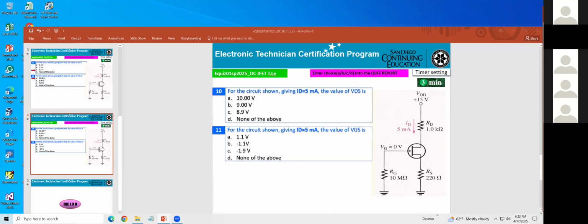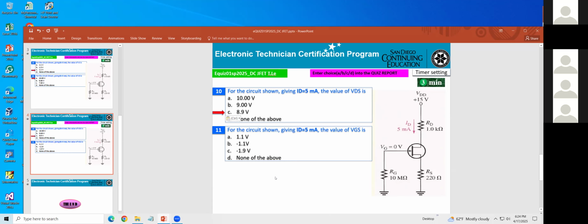I got B. Which one you get? I calculated and I got B. You said D or C or B. B. You get B. Someone else? I got C. Perfect. D, 8.94. Number 10. You get it.